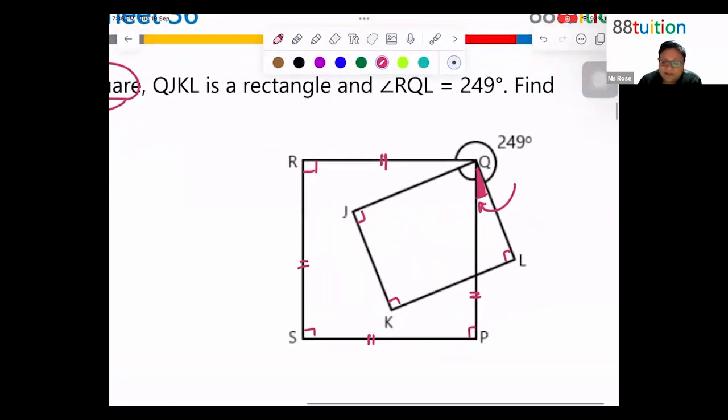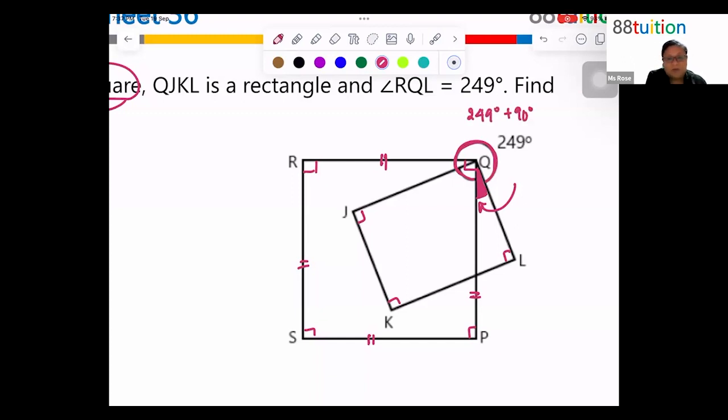How do I do that? Because I know that this is 90 degrees. So all the way here would be 249 degrees plus 90.